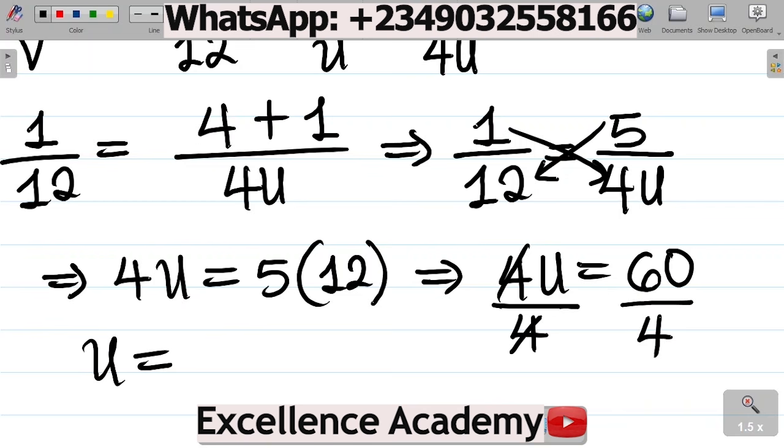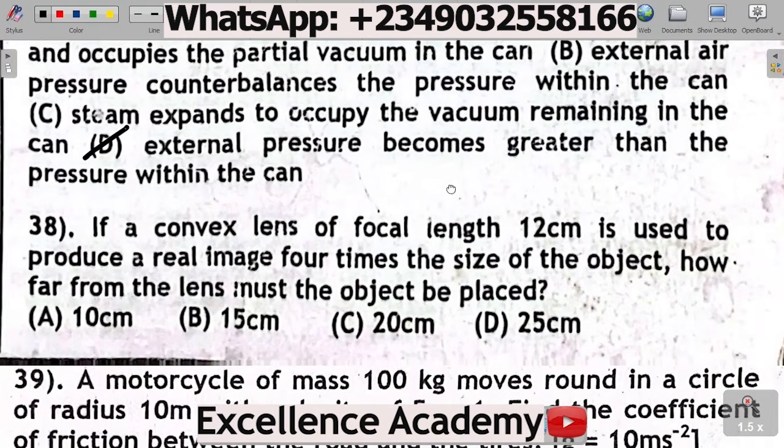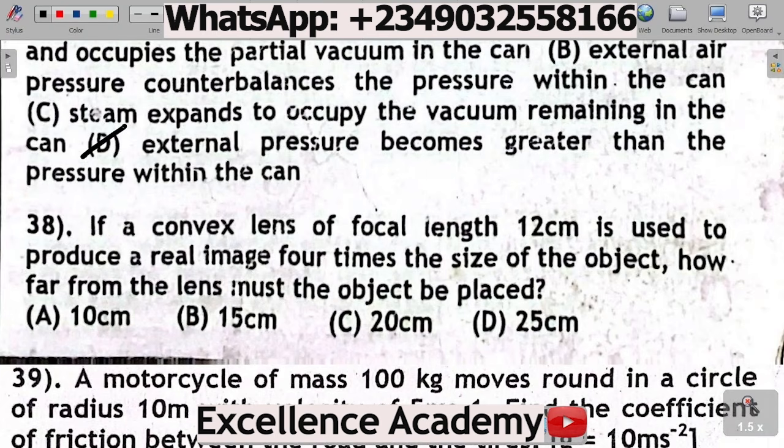So u is equal to 60 divided by 4, which gives you 15. So the object distance is 15 in centimeters. Let's see which option is 15 centimeters. The correct option here is B, 15 centimeters. That is your correct answer.